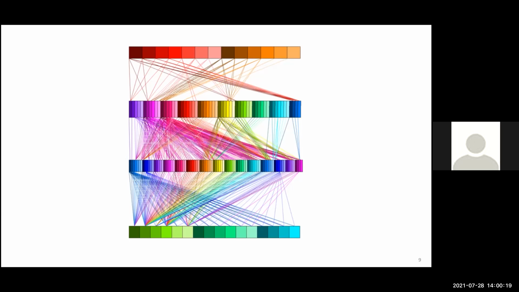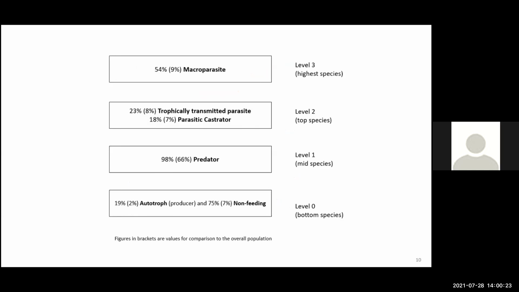If you compare this to the metadata provided for the nodes, I found certain categories that each of the trophic levels were separated by. The highest level ended up being mostly macroparasites, interestingly enough. The second level was trophically transmitted parasites and parasitic castrators. What really interested me is, why is level 1 mostly predators when one would expect the highest levels to be predators?